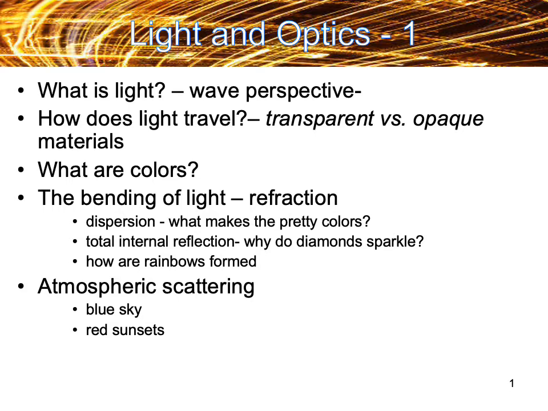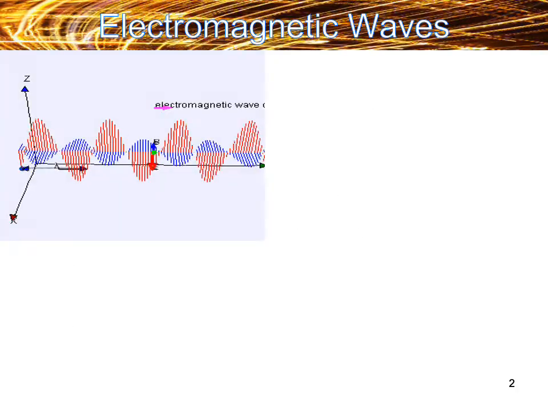It's not because the air itself is blue, but it's the light coming from the sun. A certain portion of the light is scattered away, while other portions are traveling straight. And that's why blue sky or red sunsets occur. And we're going to look at those.